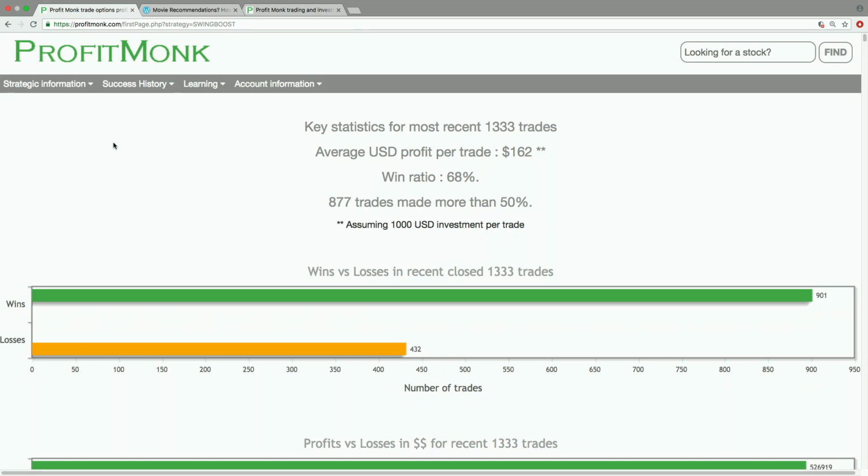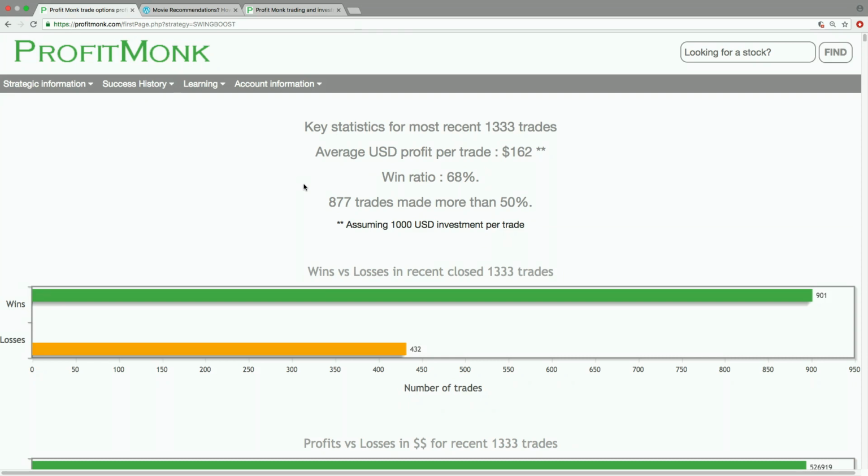Then the third thing on the line is the win ratio. The win ratio is 68%. What does this mean? That means that out of these 1,300 trades, 901, and I'm sure you cannot see this number, but trust me, this is 901.